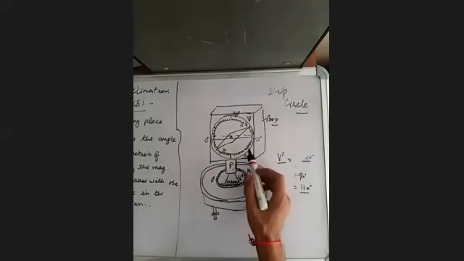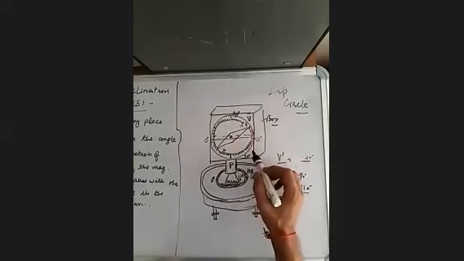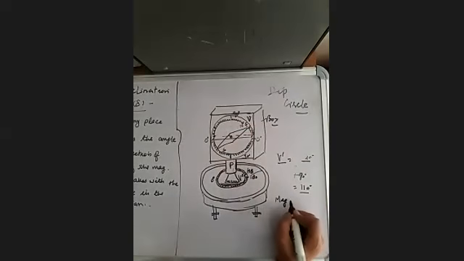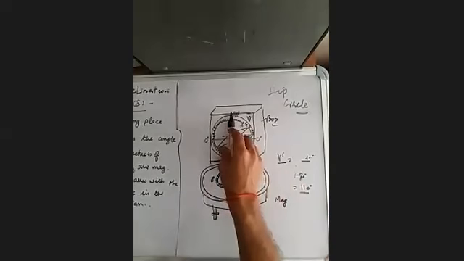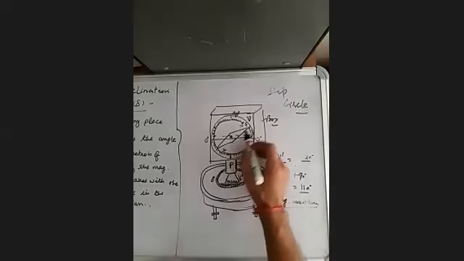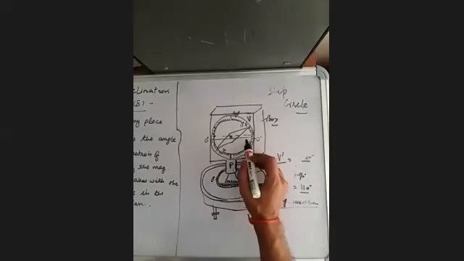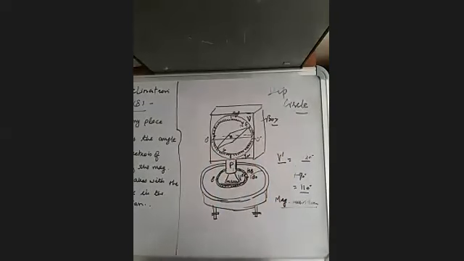Now that means the plane of this vertical scale has come into the magnetic meridian. तो जब हम उस पोजीशन से जहां पे ये वर्टिकल शो कर रहा था 90 डिग्री टर्न कर देते हैं, तो ये मैग्नेटिक मेरिडियन के प्लेन में आ जाता है. ओके, और मैग्नेटिक मेरिडियन में whatever the position of this magnetic needle from the horizontal will give us the angle that is called the dip angle or magnetic inclination, and that will be the direction of the total strength of Earth's magnetic field in that plane.